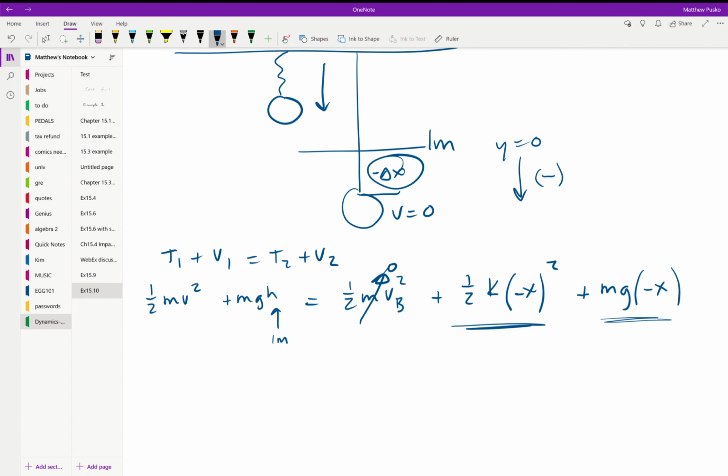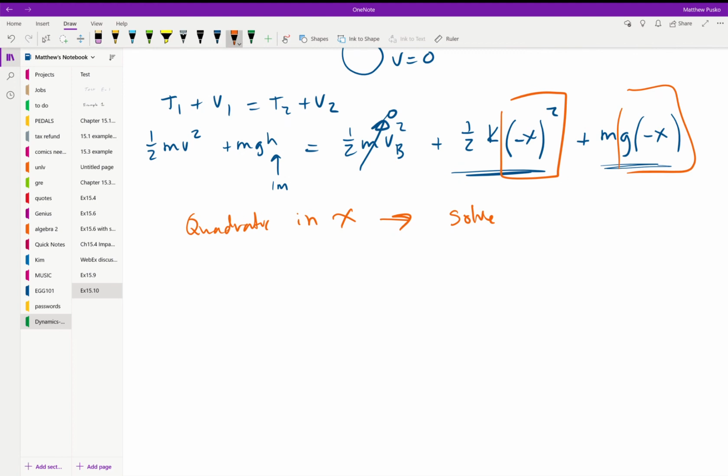We have numbers for everything except for x squared and x. It looks like we have a quadratic in x. So solve that by your preferred method, quadratic formula, and we should get an x equal to 0.237 meters. That's versus the 0.25 meters it was stretched initially.